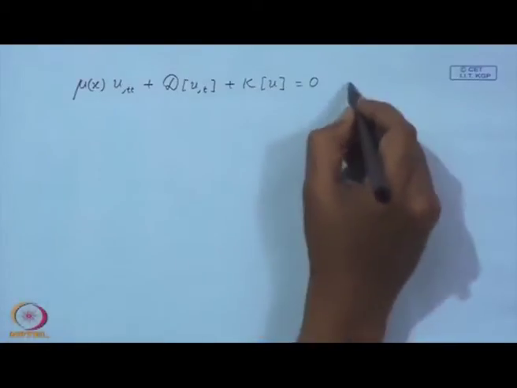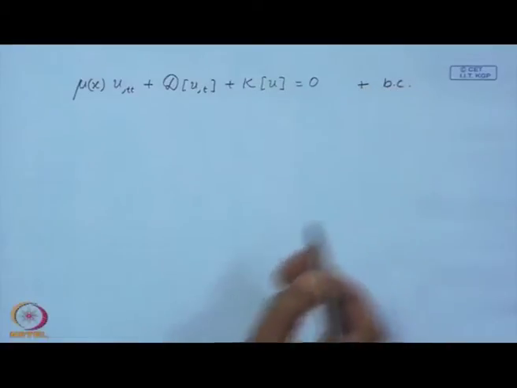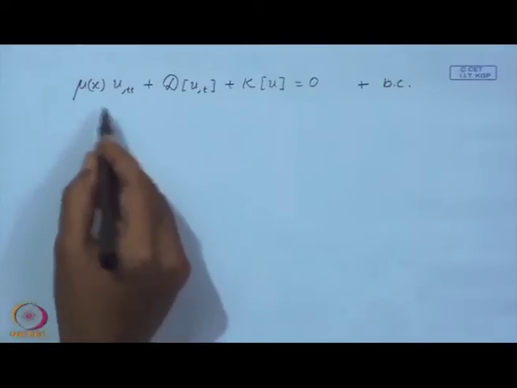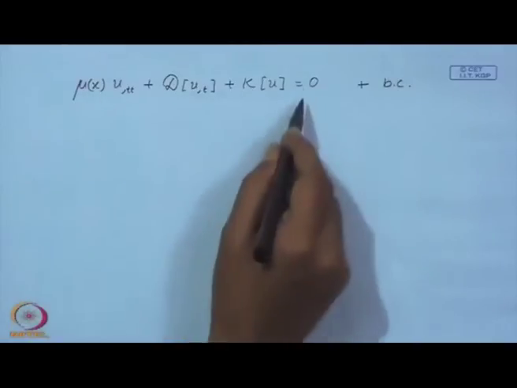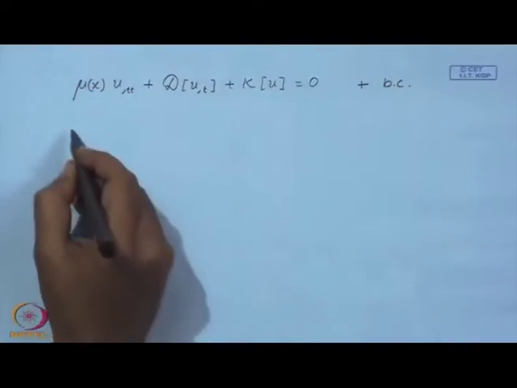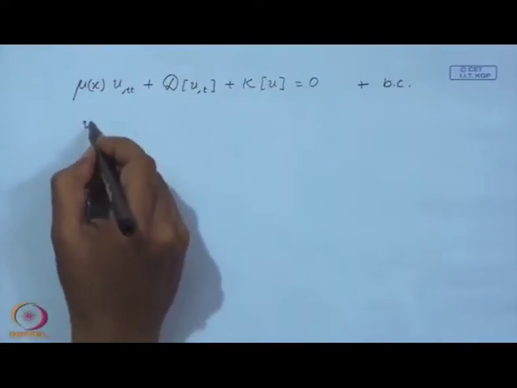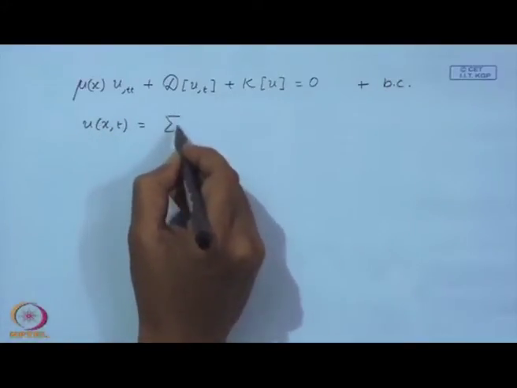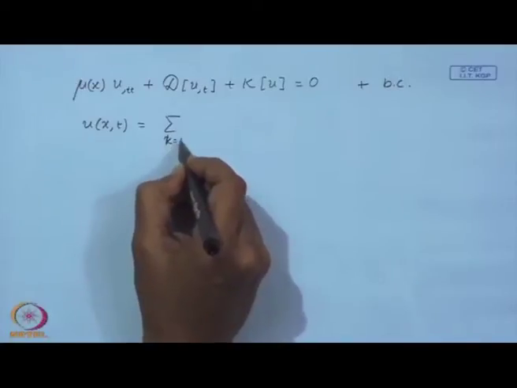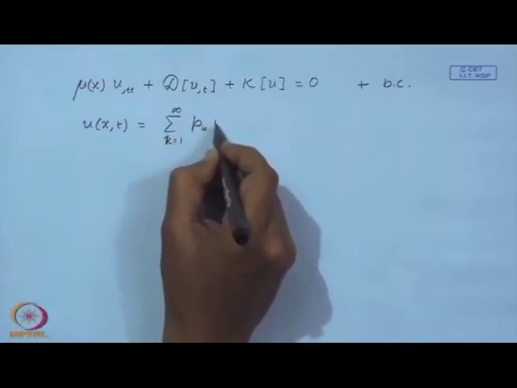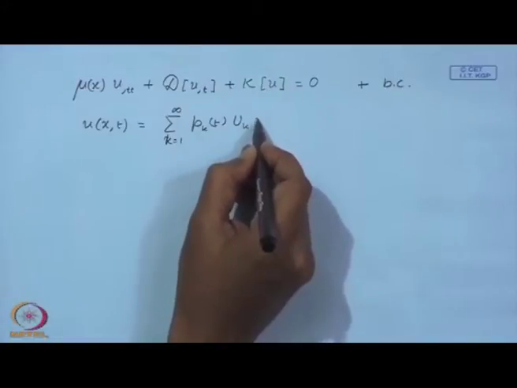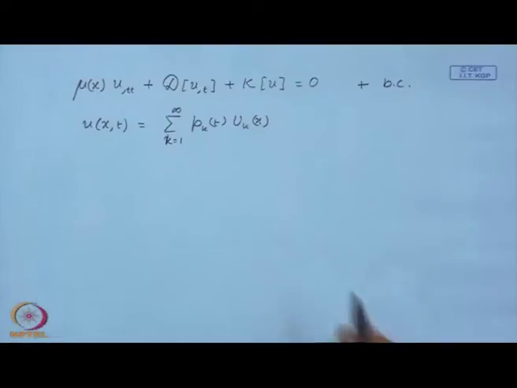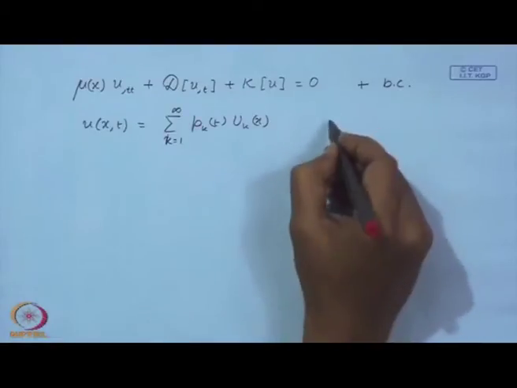Along with certain boundary conditions, let us try to find out the solution, or let us discretize this system as we have done before using the modal expansion. So, these are the eigenfunctions of the undamped eigenvalue problem.